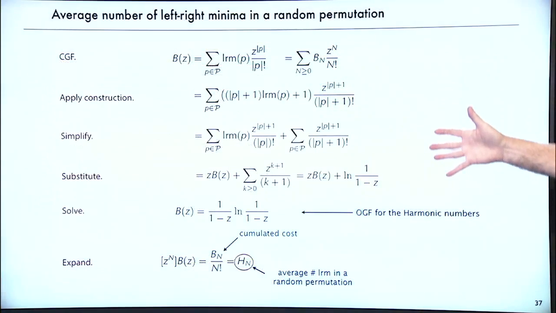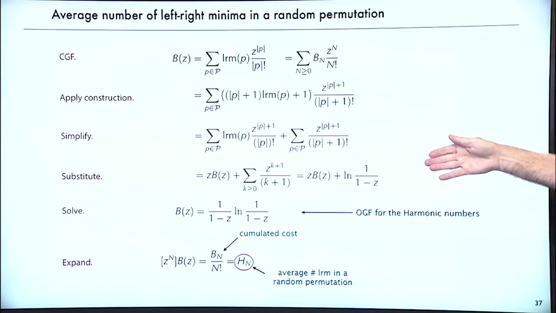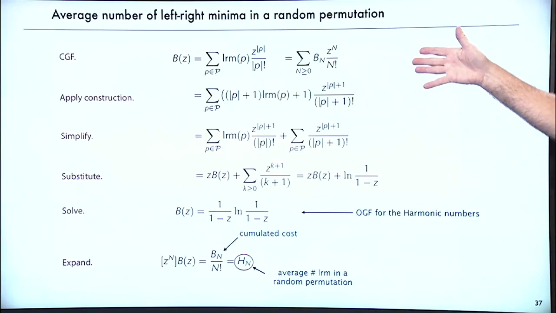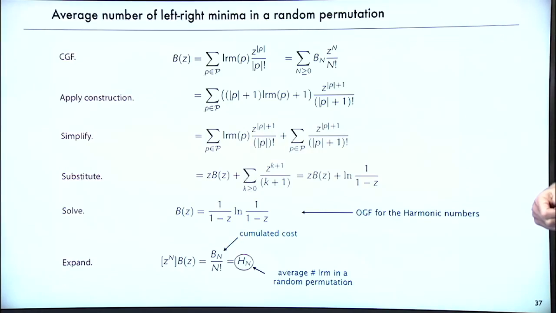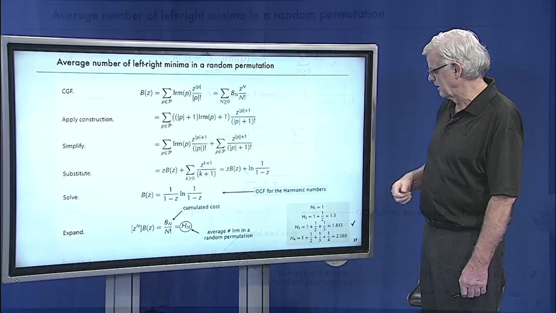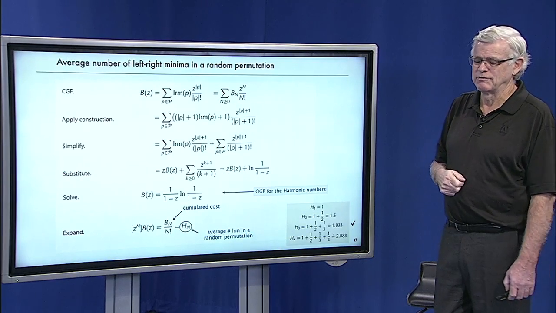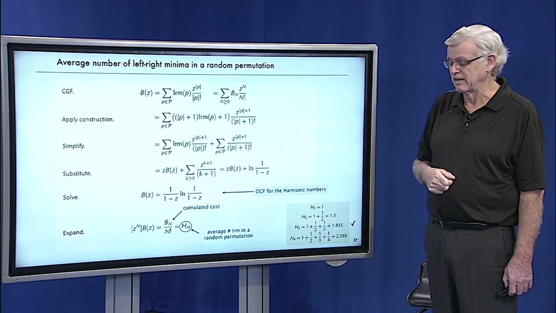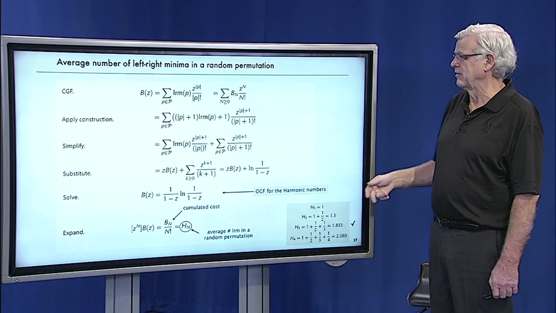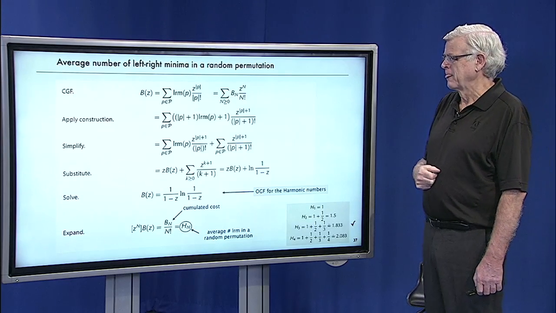A direct derivation of the average number of left to right minima using combinatorial construction. And it's a good idea to check those against the actual values that we observed at the beginning, and sure enough, those were the harmonic numbers.